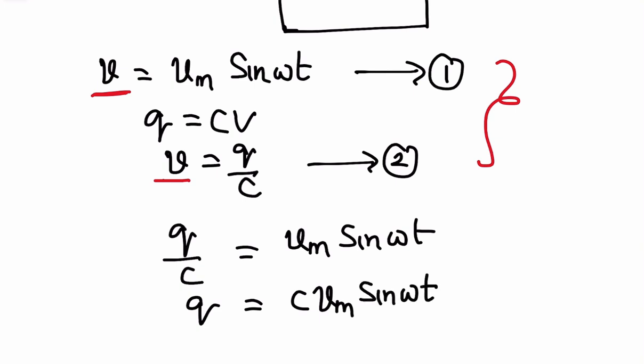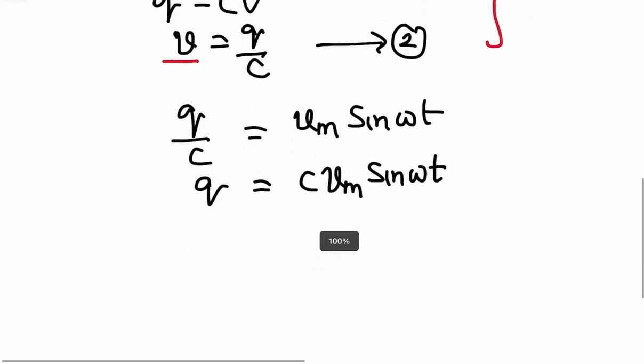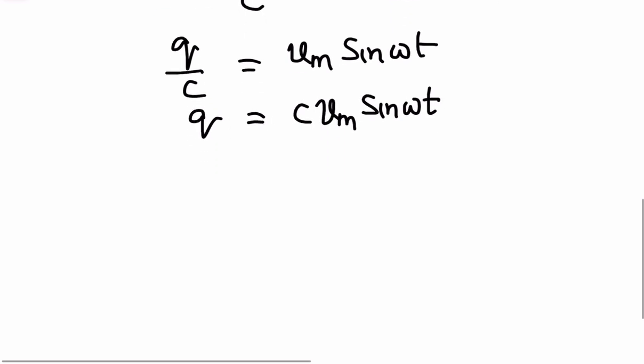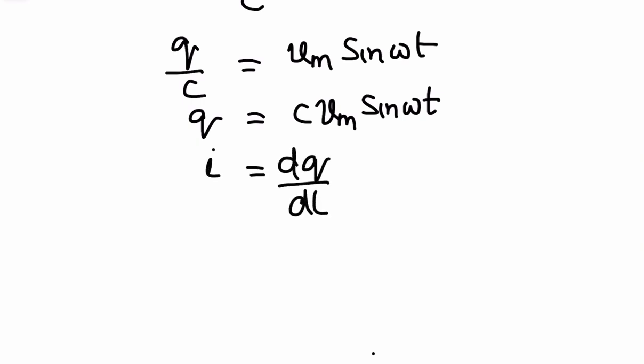Now we know from our third chapter that I is equal to dq by dt. Therefore you can differentiate equation number 3 on both sides with respect to time.